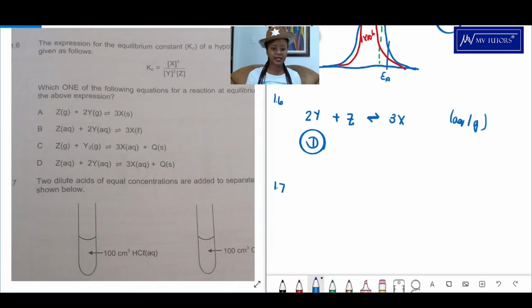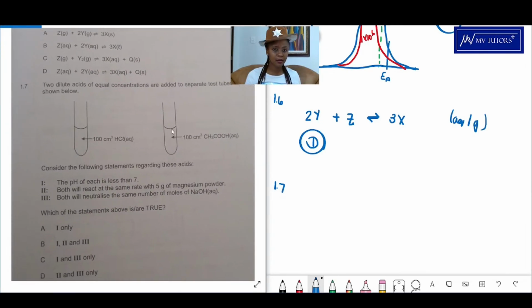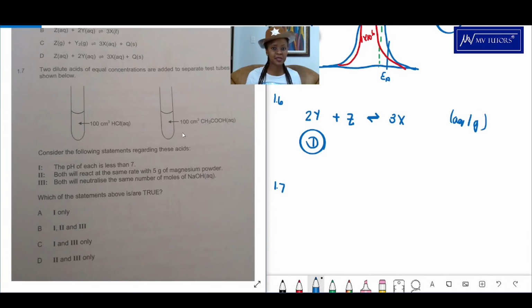Alrighty, and then 1.7. Okay, hope it's clear on your side. So it says 2 dilute acids of equal concentrations are added to separate test tubes shown below. If it's dilute, it means it has a high concentration of water.